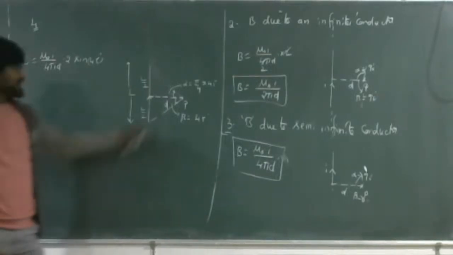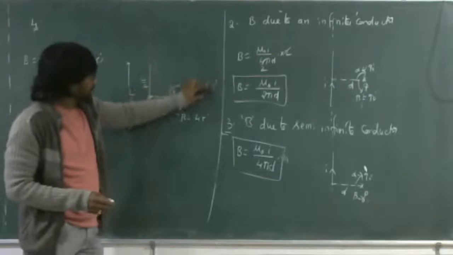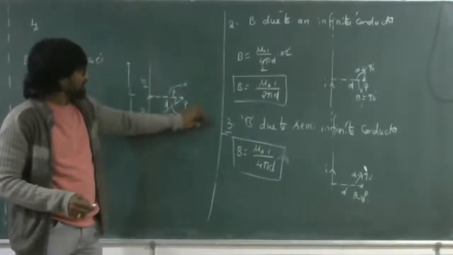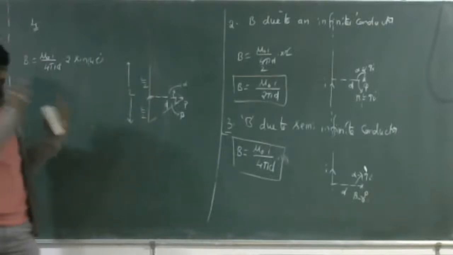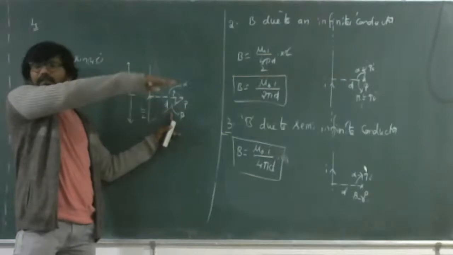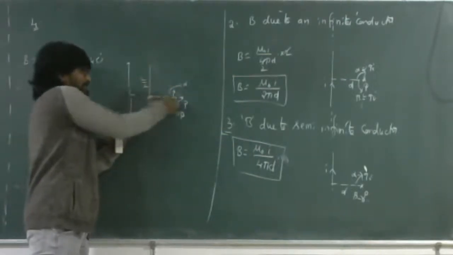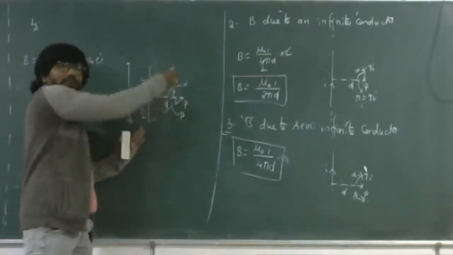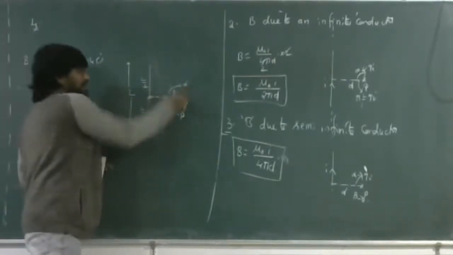Let us consider this is not exactly equal to 45. That 45 you can consider a special case value in the numerical. In a general case, this is some alpha. Because it is a perpendicular bisector, the angle will also be bisected, so both of these angles will be equal.